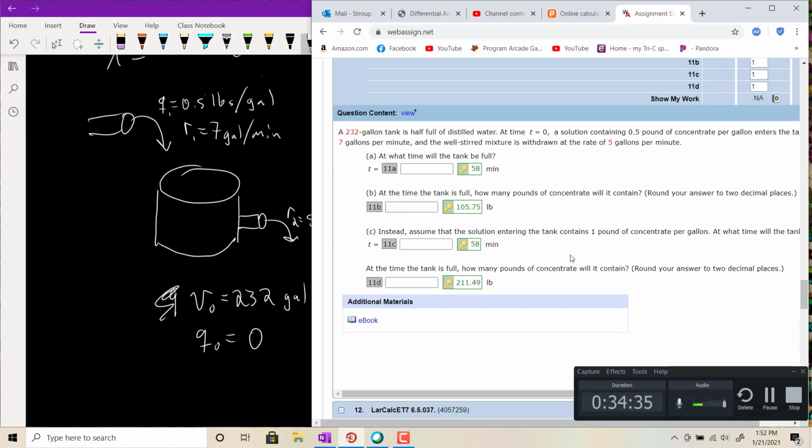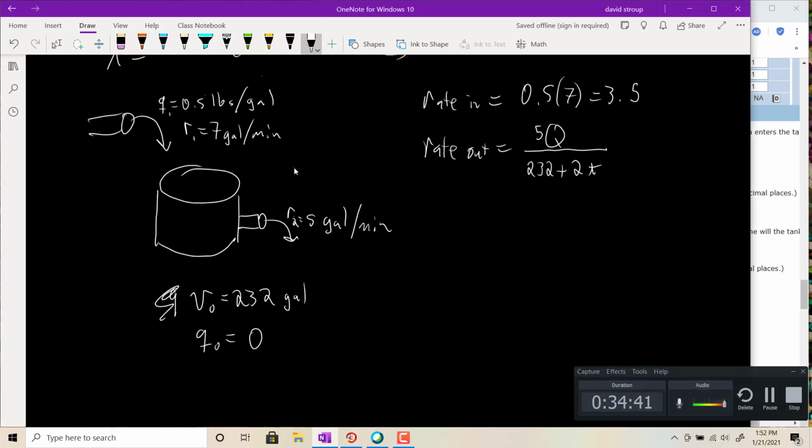That's 232. At what time will the tank be full? It says in the problem, right now it's currently half full. It's 232 gallons, so you don't really need calculus to figure this out.